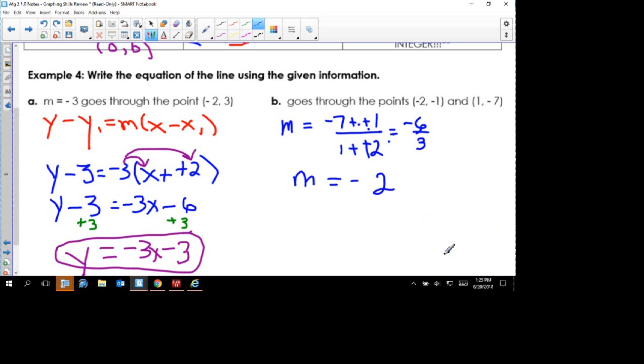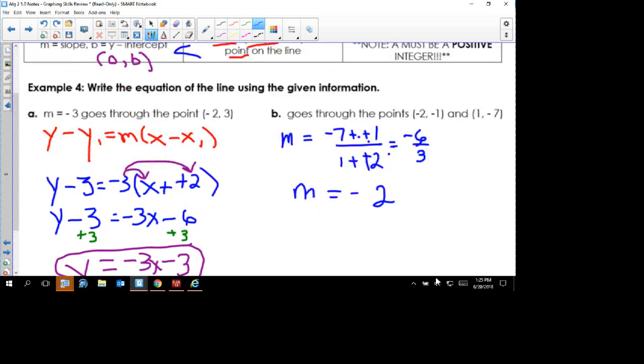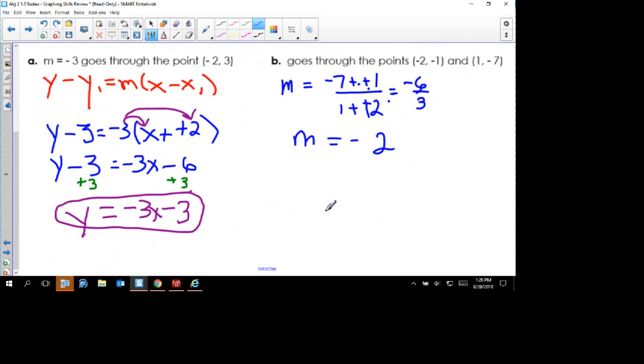So now I know the slope, and what else do I know? Do I know an intercept, or do I know a point? Well, they both have slope. I would do point-slope, because in order to know the intercept, you have to have an ordered pair where the x value is 0. Even if you have the intercept, it still works for point-slope.